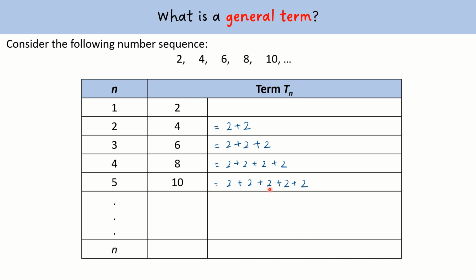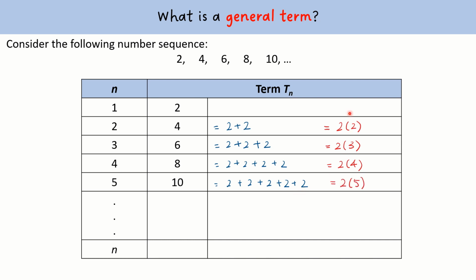I could always simplify my writing of this number of 2's: 2 plus 2 as 2 times 2, 2 plus 2 plus 2 as 2 times 3, 2 plus 2 plus 2 plus 2 as 2 times 4, and finally for our fifth term, it will be 2 times 5.